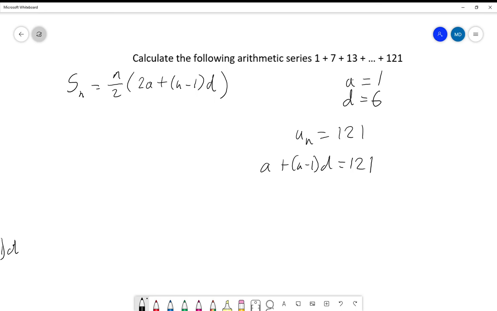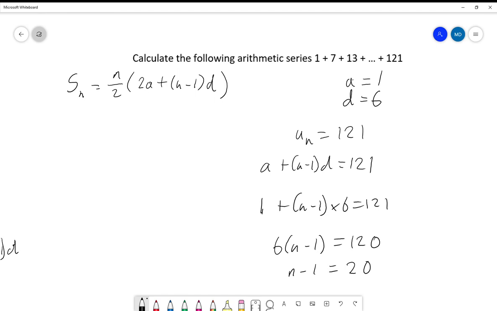We know a and d, so we get 1 plus n minus 1 times 6 is equal to 121. Subtract the 1 and we get 6 lots of n minus 1 equals 120. Divide by 6, we get n minus 1 is equal to 20, and so n equals 21. So there are 21 terms in this sequence.